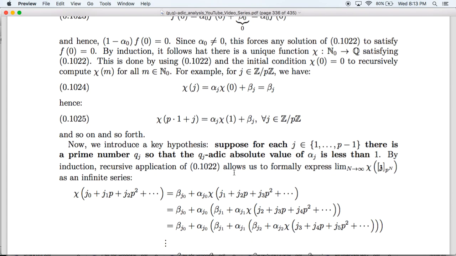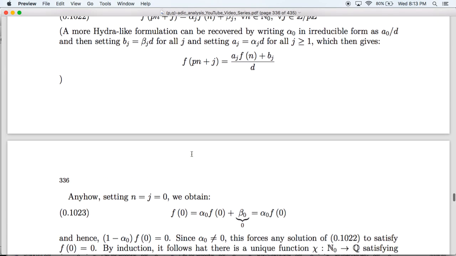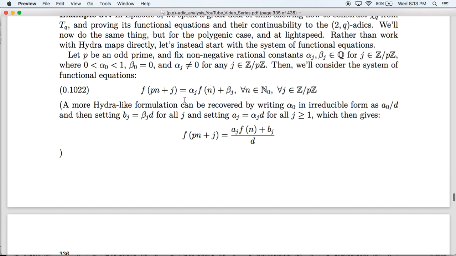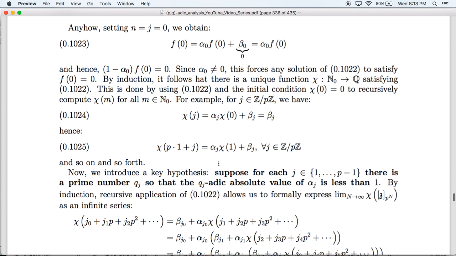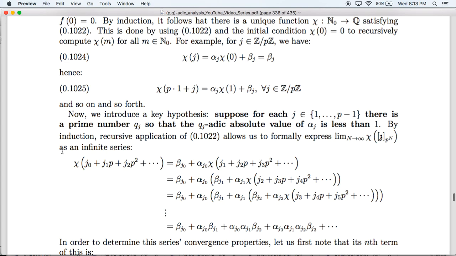And so by induction, we can then get that a recursive application of our system of functional equations tells us that if chi is the solution for the equation, then formally the limit as n approaches infinity of chi of z mod p to the n is going to be this. It's chi of j0 plus j1 p plus j2 p squared, where all of the j's are from 0 to p minus 1.